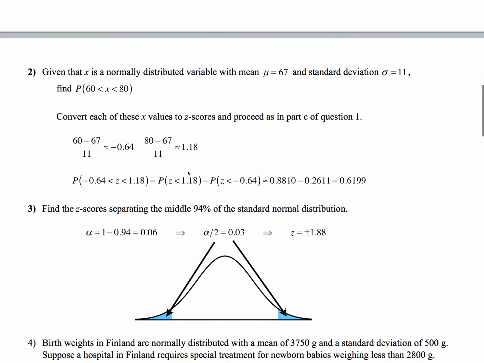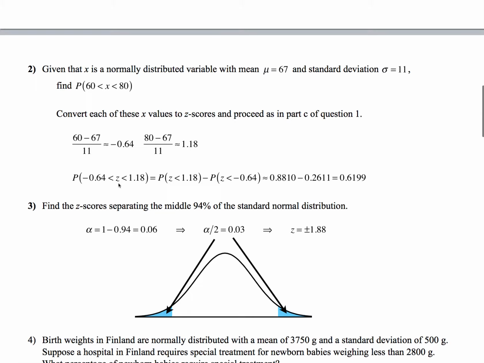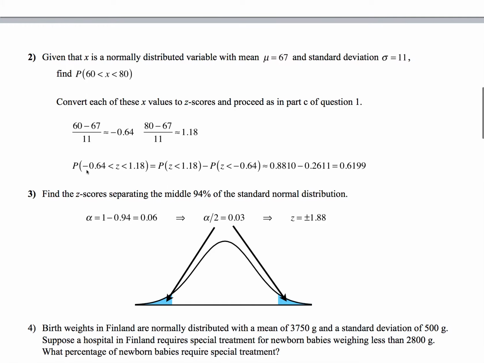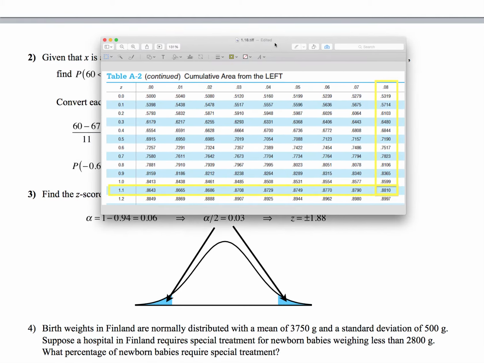So the probability that z is greater than negative 0.64 and less than 1.18 is that larger area, the probability that it's less than 1.18, minus the probability that it's less than negative 0.64. So we start with the larger area by going to the positive z-scores and looking up the area corresponding to 1.18.